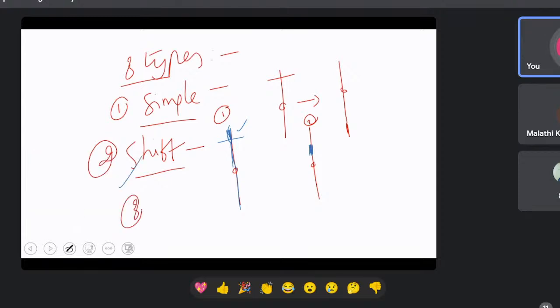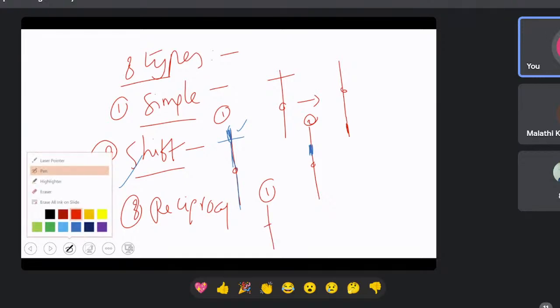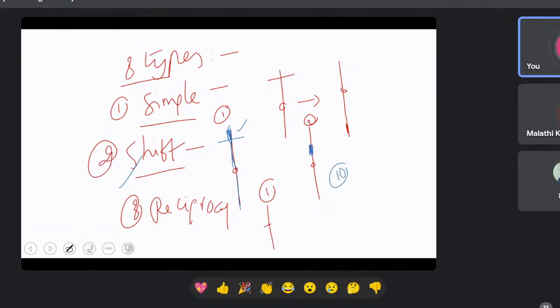Next, మూడోది ఏంటి, reciprocal translocation. Reciprocal translocation. In this case, what happens? A segment from one chromosome is exchanged with another segment from another non-homologous chromosome. So let us see, this is the same example. There is a first chromosome, there is a 10th chromosome.